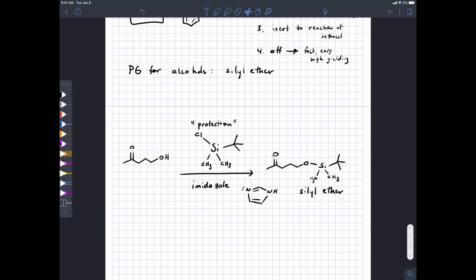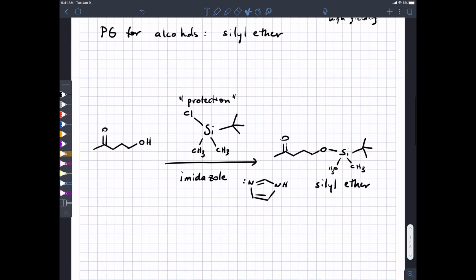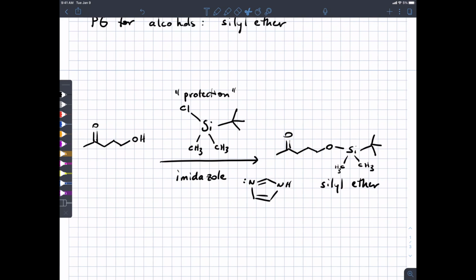One other thing is that chemists get tired of drawing protecting groups, so we abbreviate them. And so there's a little bit of acronym alphabet soup that could be a problem here. We can abbreviate this reagent, which is tert-butyldimethylsilyl chloride, as TBDMS chloride.